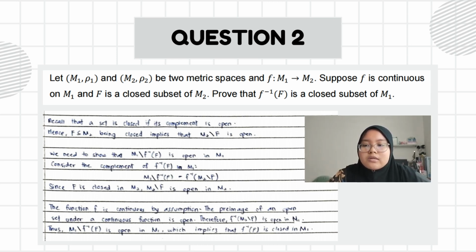So we have to consider the complement of the inverse image of F in M1, which is the set difference of M1 and the inverse image of F, equal to the inverse image of the set difference of M2 and F. Since F is closed in M2, the set difference of M2 and F is open in M2.